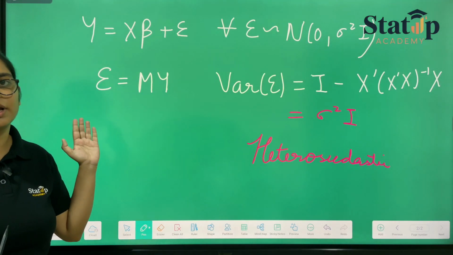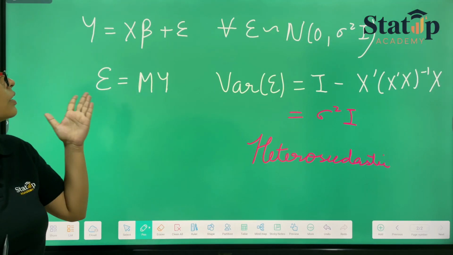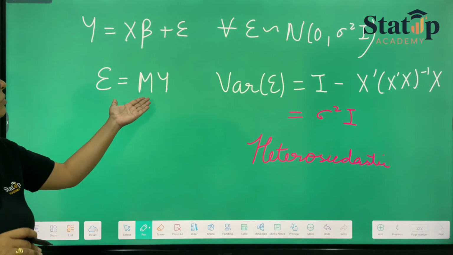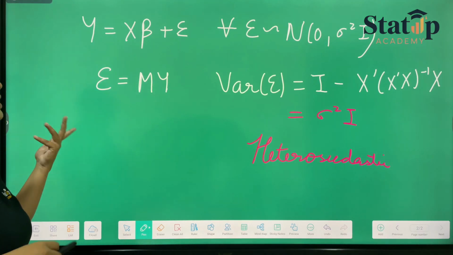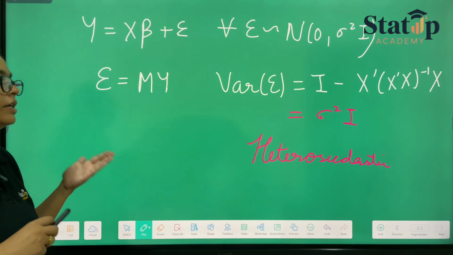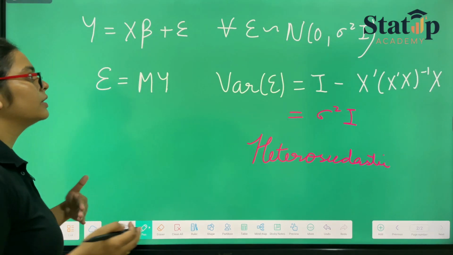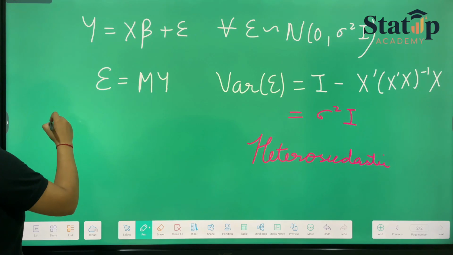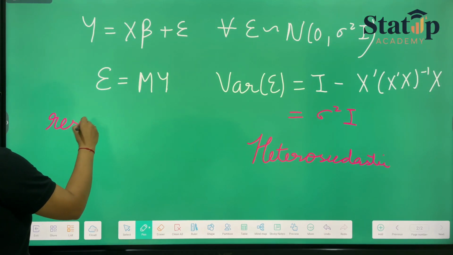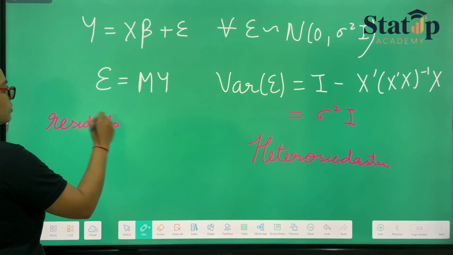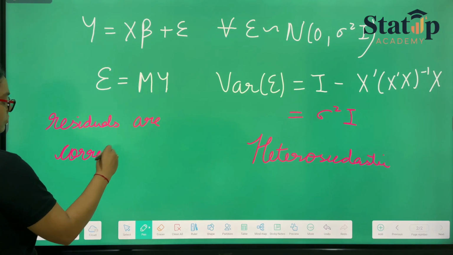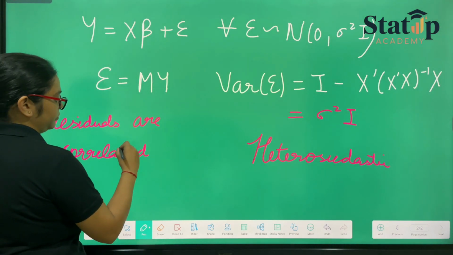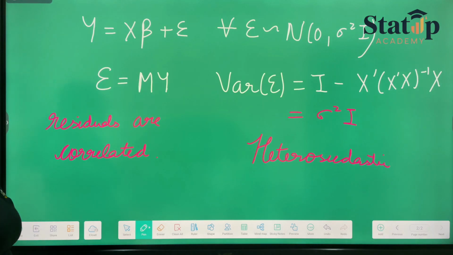Although epsilon, which is the error term, is a linear function of y, still we cannot say that it is homoscedastic, it is heteroscedastic. And the other thing is the residuals are correlated with each other. Hence, our problem arises.